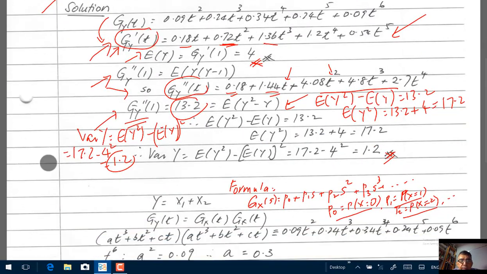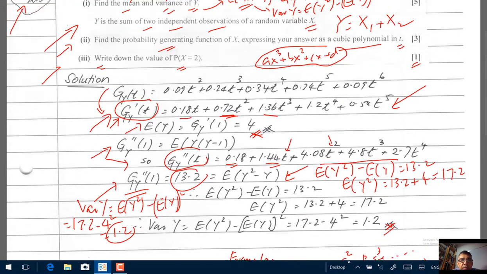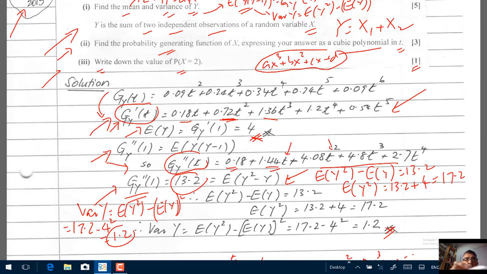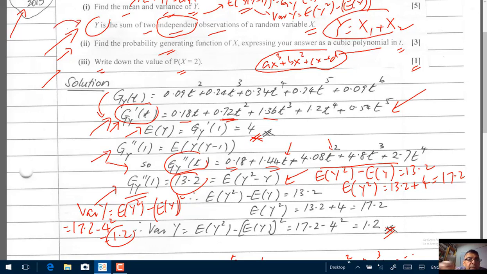Let's move it down. A reminder, we are told that y is the sum of two independent observations of random variable x. So y equals x1 plus x2. We can write the PGF, the probability generating function of y, as the product of two PGFs, and those PGFs will be representing the PGF of x.